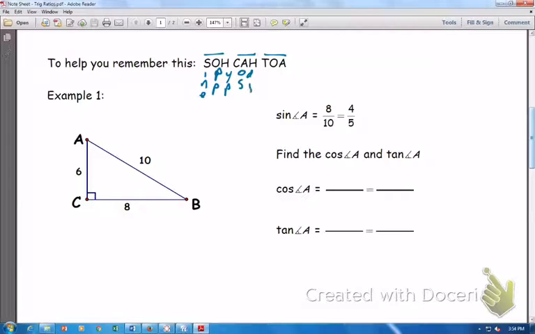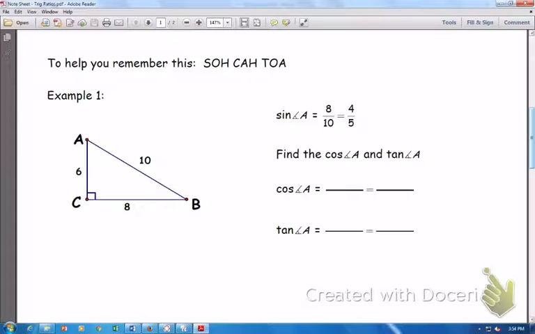Cosine is the adjacent over the hypotenuse. And tangent is the opposite over adjacent. Hopefully that's going to help you remember. SOHCAHTOA: sine is opposite over hypotenuse, cosine is adjacent over hypotenuse, and tangent is opposite over adjacent.